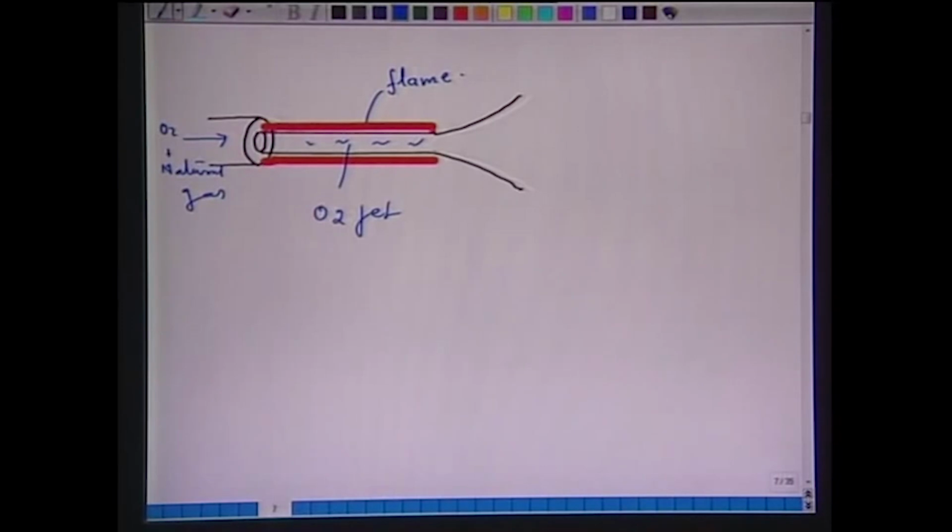So, length of supersonic core will be, if I say somewhere here, this is the end of potential core and this will be the supersonic core length beyond potential core. So, total length of the supersonic core is potential core plus supersonic core.